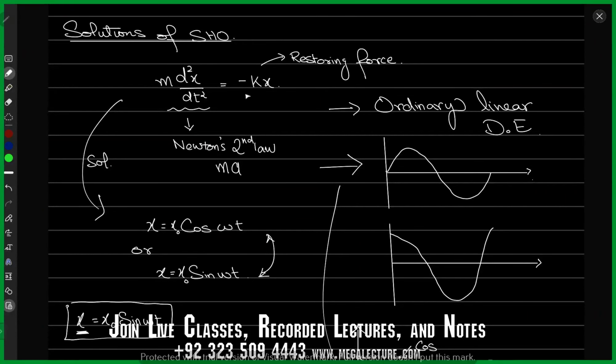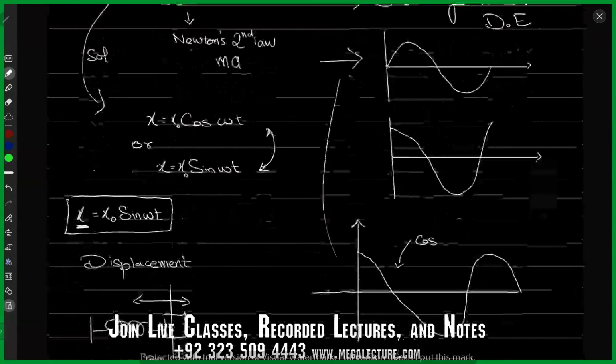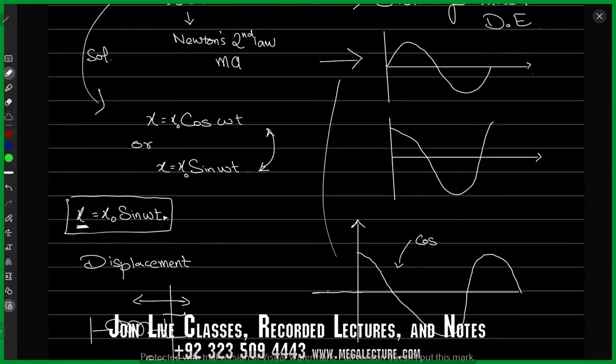And so this thing is equal to minus kx, the restoring force. Now the solution to this type of equation is this one. x is equal to x naught sine omega t. x naught is just a constant, and that constant carries the units of meters, or whatever are the units of x, meaning that it is just telling you about the amplitude of any oscillation.